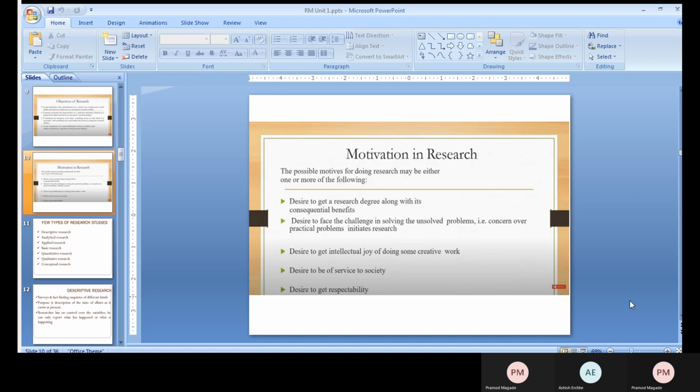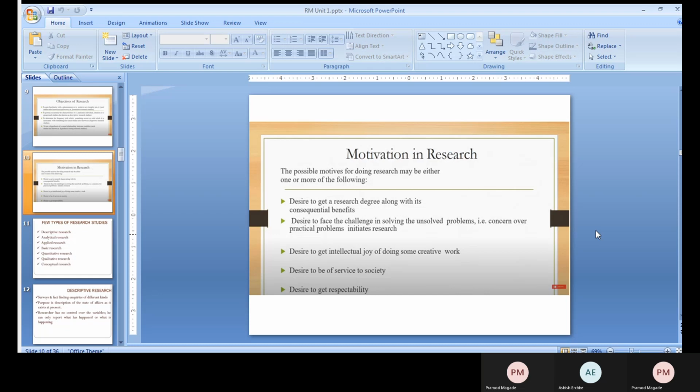That is, concern over a practical problem initiates the research. There might be chances that in industry many things are not at all resolved. We know the kind of error acting over there, and we are not finding the solution because of our regular routine or busy life.